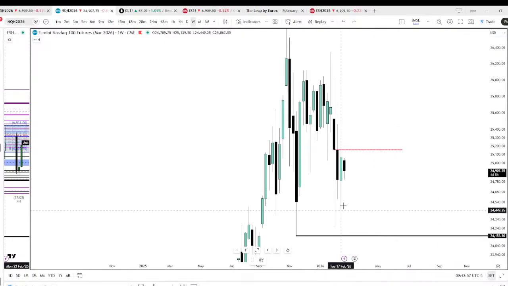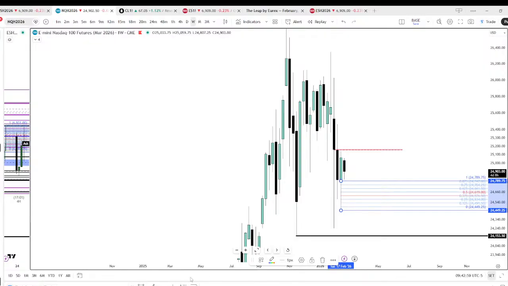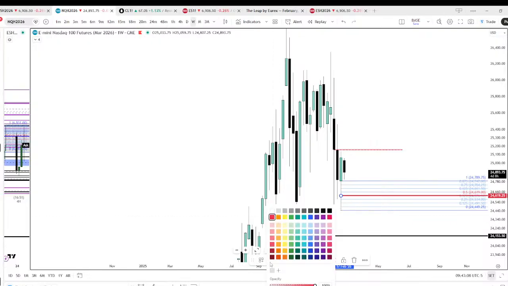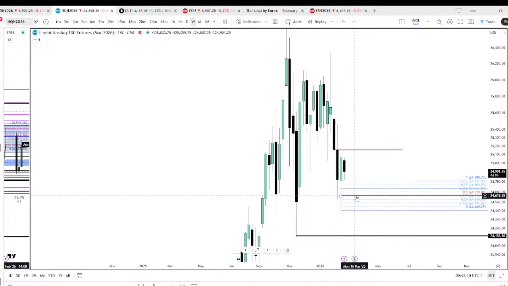We've got a discount wick, which will mark the midpoint on. I like to keep that a dashed line.